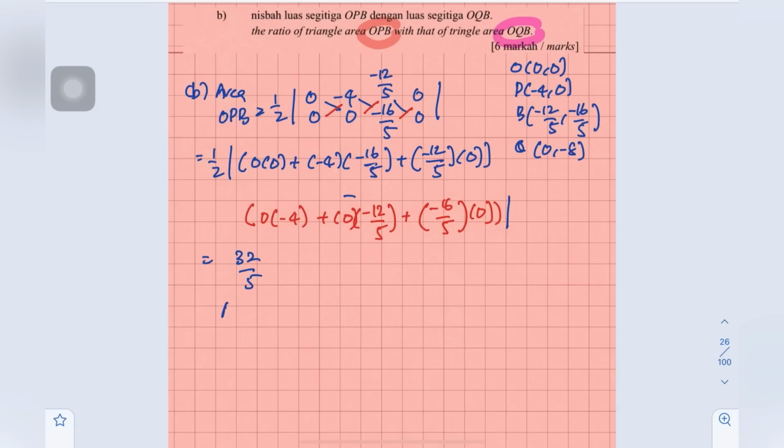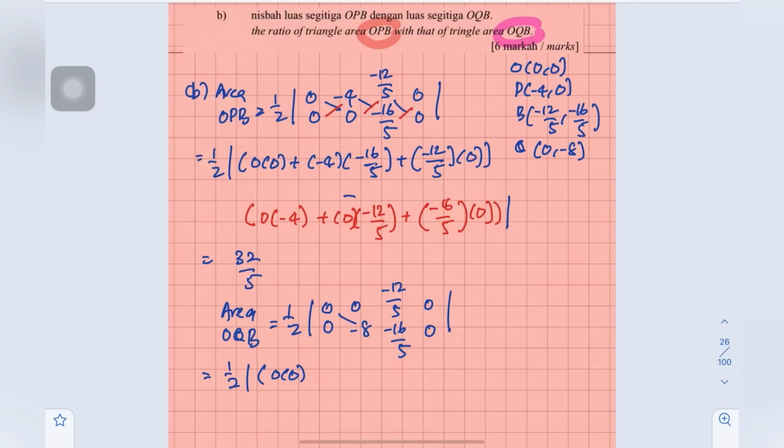So kita cari pula area of OQB. So 1/2, 0, 0, Q 0, -8, B, -12/5, -16/5. So 0, 0. Okay, so this one equals to 1/2. 0 times 0, yang this one, this way. Okay, time, 0 times -8.